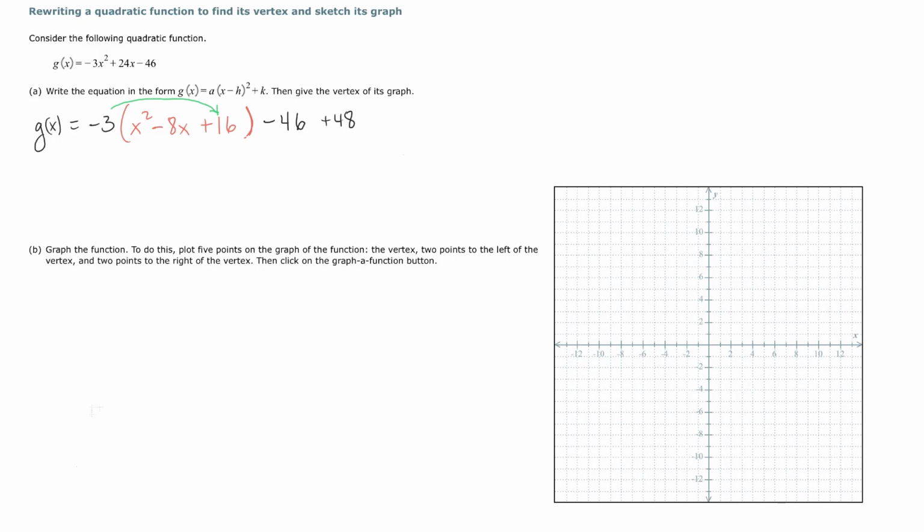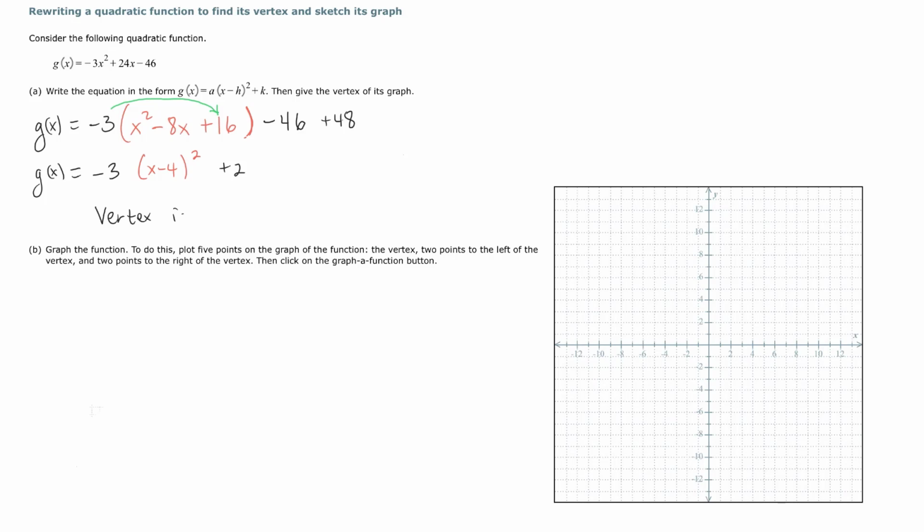Now notice g of x is now equivalent to the g of x that was given. g of x is now equal to -3 times the quantity x minus 4 squared plus 2. And we know the vertex.